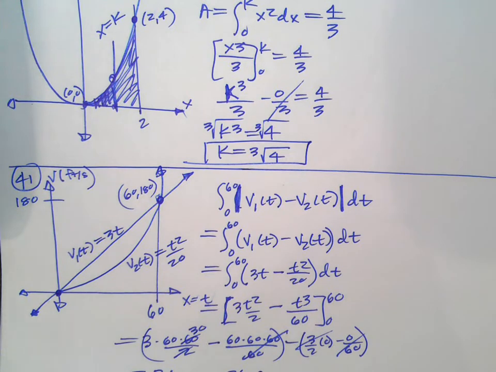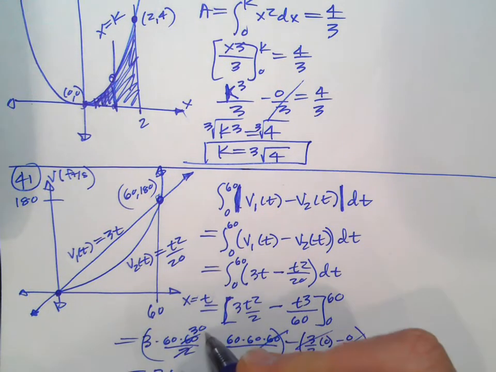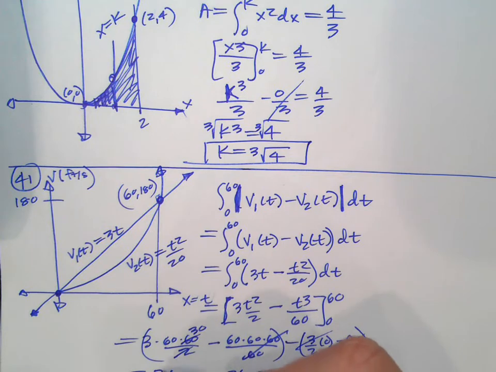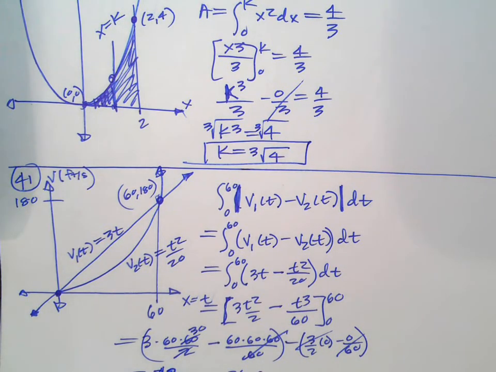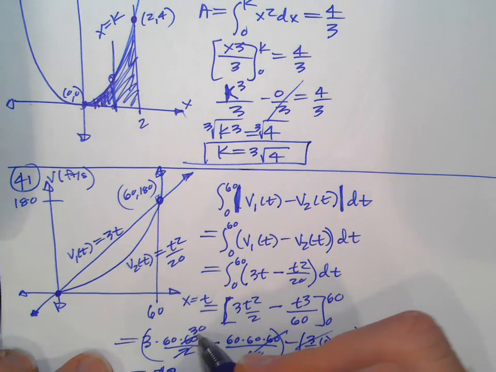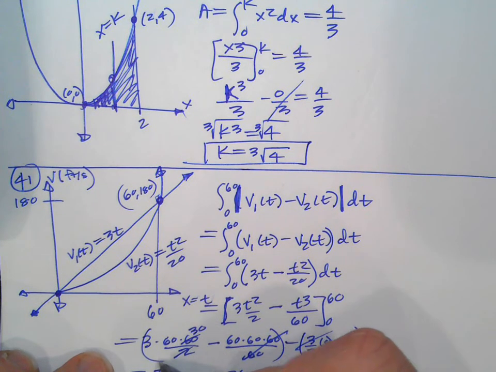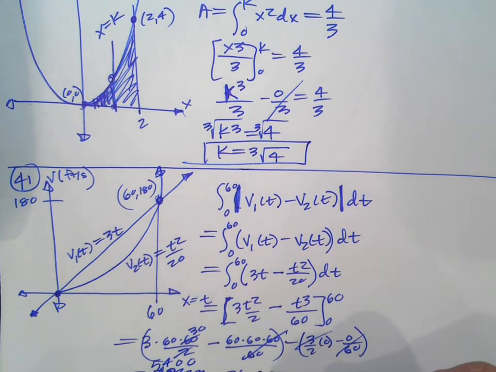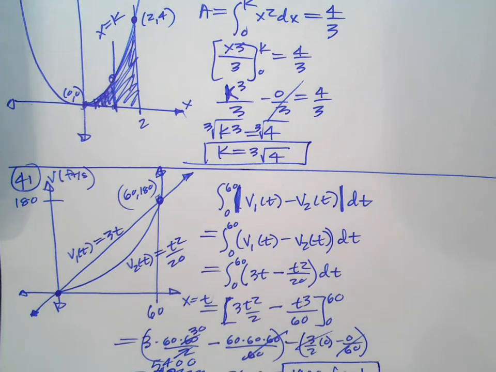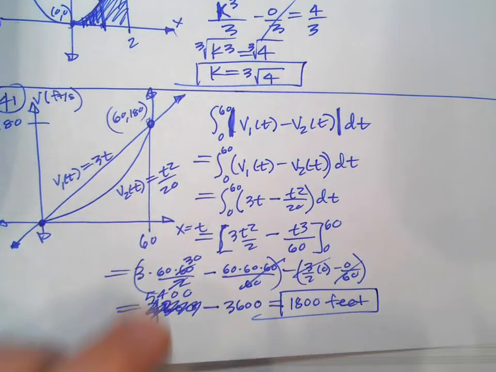Let's see. Oh, yeah. This is 3 times that. So that's going to be 4,200. Is that right? No. Let's see. 9 times 6, that's 5,400. 5,400 minus 3,600 is 1,800 feet, units. All right. That's part A.